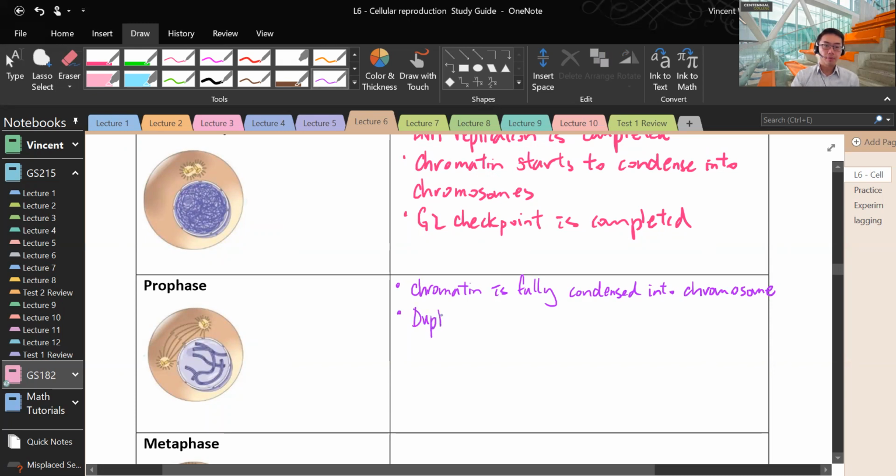Duplicated DNA are joined together at the centromere.